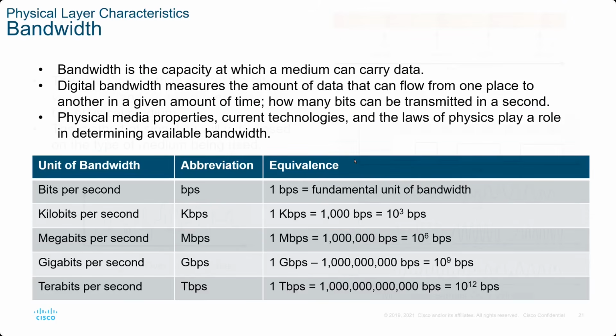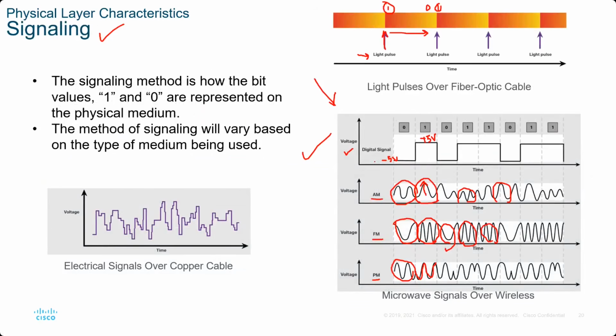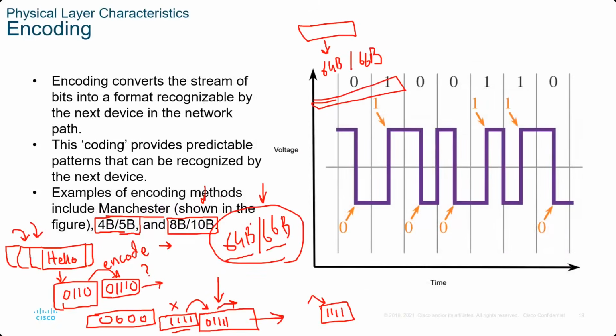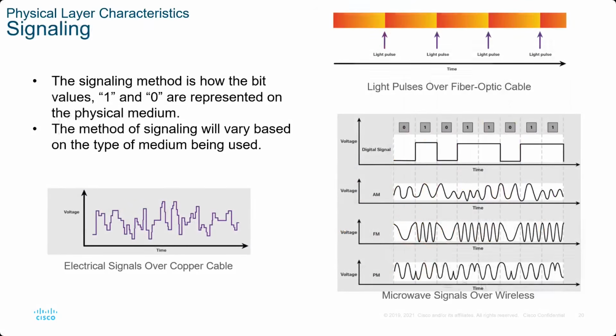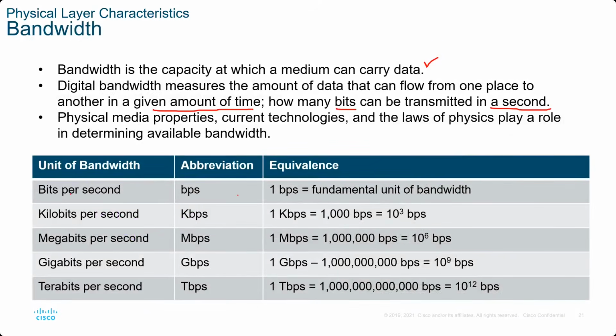Whatever signaling you selected, and whatever encoding scheme you selected, 8B/10B, 64B/66B, 4B/5B, Manchester, and there are a bunch of others, you select these encodings and these signaling methods, and that defines how many bits can be transmitted in 1 second, because all these components have these characteristics.